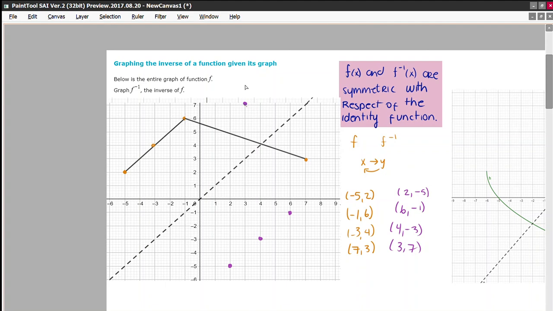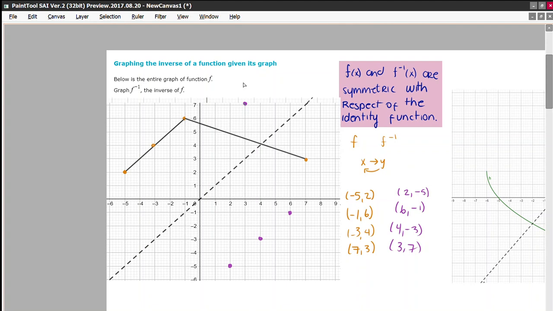From here, I can see that my function starts from this point, crosses the symmetry line, touches another point, and goes into the last point. My inverse function is going to do the same. I'm going to start at the inverse point from this starting point. So for 7, 3, the inverse is 3, 7.